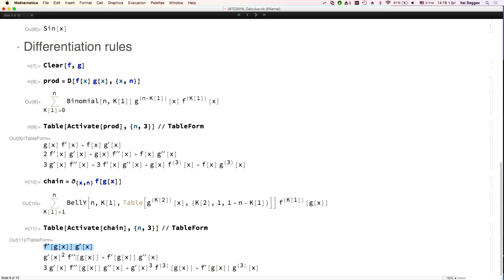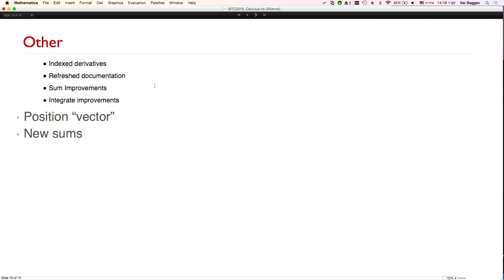Second one, we get the product of differentiating f, and therefore we get a second g prime squared, or we differentiate the g prime, and so on. And so this is something that will definitely make it into 11.1. Other things we're currently working on are index derivatives, and I'll illustrate what exactly I mean by that with an example.